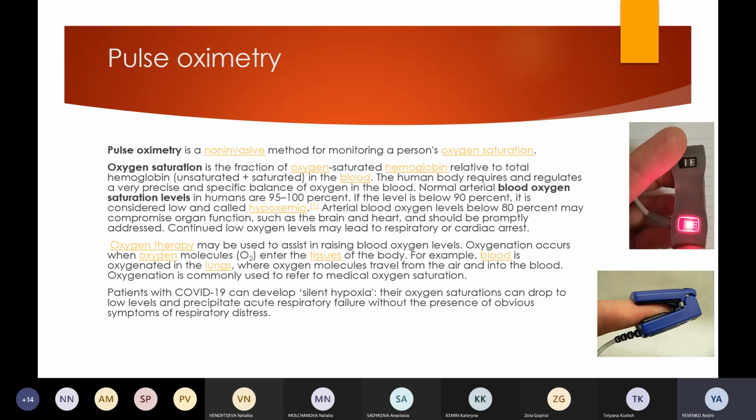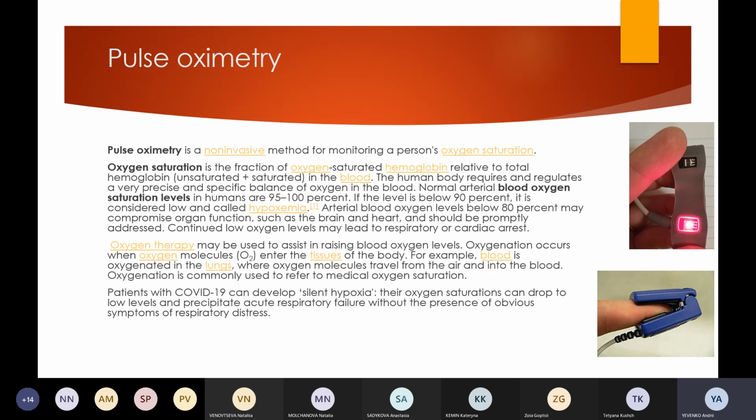It's also important that COVID-19 has a kind of silent hypoxia. It means that you feel okay, you do not feel shortness of breath, but your oxygen saturation level is lower than normal. And for that, we also need a pulse oximeter.